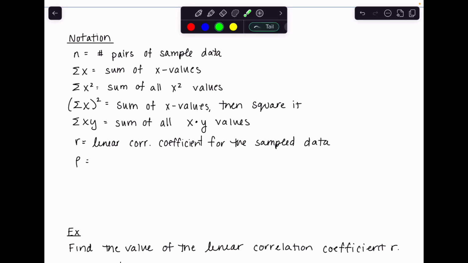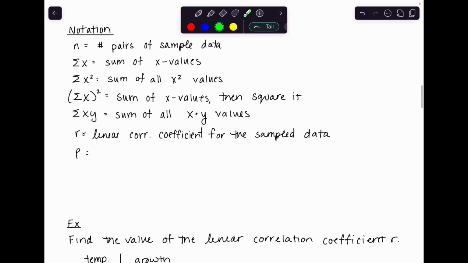And again, this is going to be an estimate because we're not going to have the true population data. So the true linear coefficient is given by this Greek letter, which is rho. So this is the linear correlation coefficient for the population data.